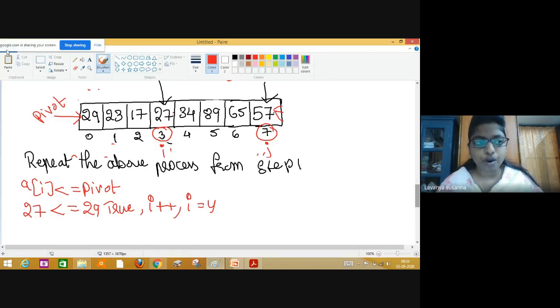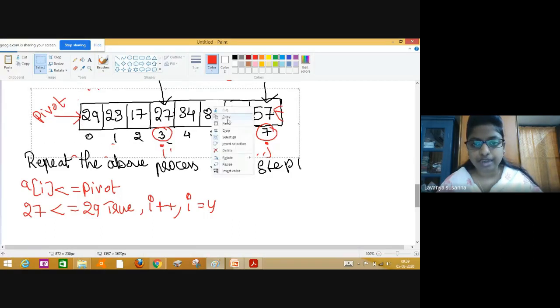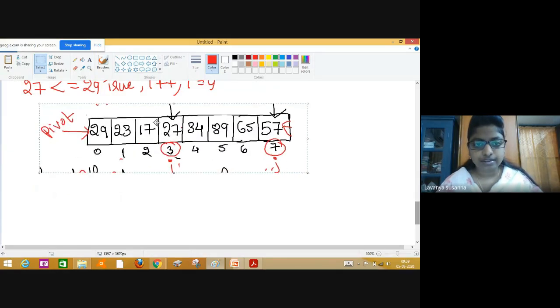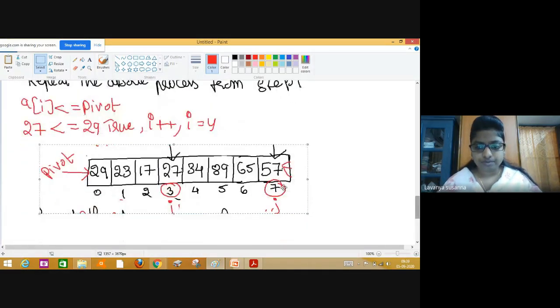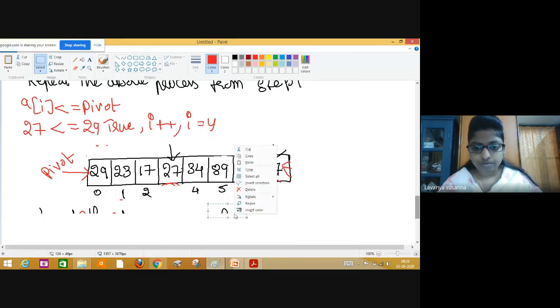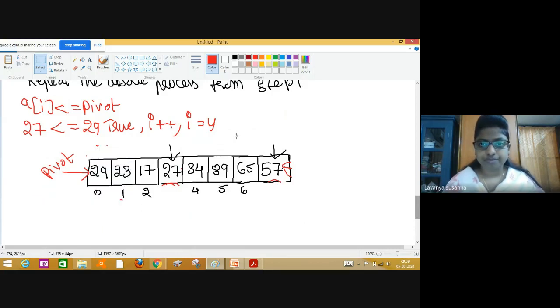Again write down the array. This is 3, and this is 7.